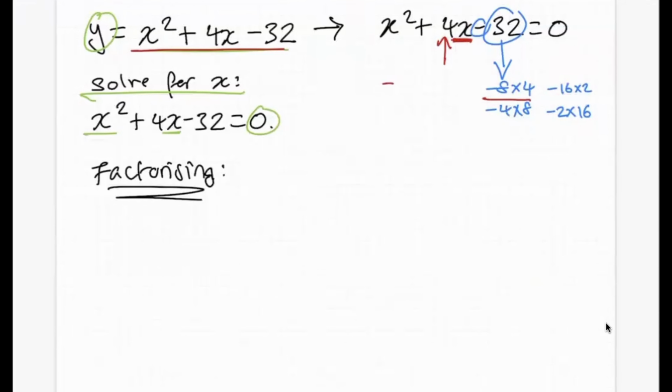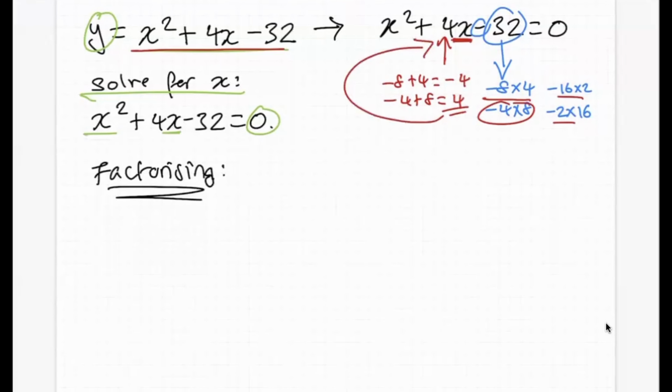If we do minus 8 plus 4, that will be minus 4. Minus 16 and 2 obviously aren't going to work. Minus 4 plus 8, or 8 minus 4, is going to be 4. So this is the set of numbers that we want. When we multiply them together, minus 4 times 8 gives minus 32. When we add them together, minus 4 plus 8 gives 4, which is the number in front of the x.